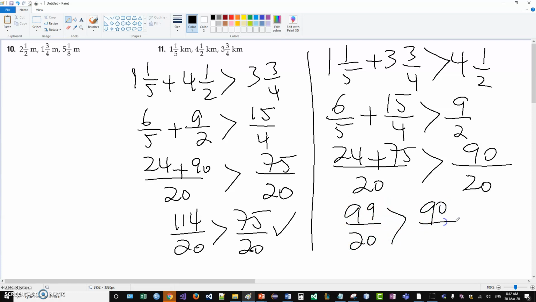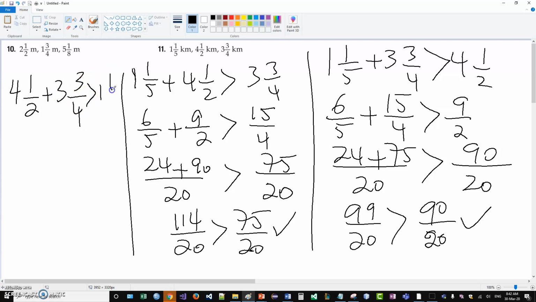Is that greater than 90 over 20? Yes. Alright, now let's try the last case. 4.5 plus 3 3/4. Is that greater than 1.2? Now obviously 4 plus 3 is 7, greater than 1, so we don't need to continue. This is definitely true, which says that these three sides form a triangle.